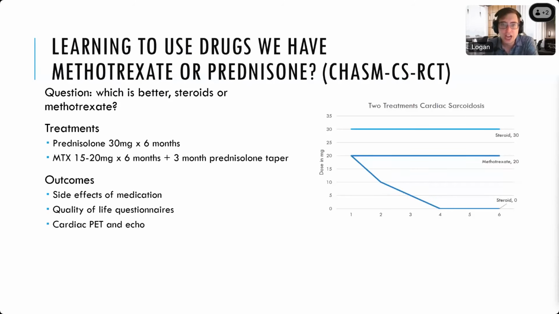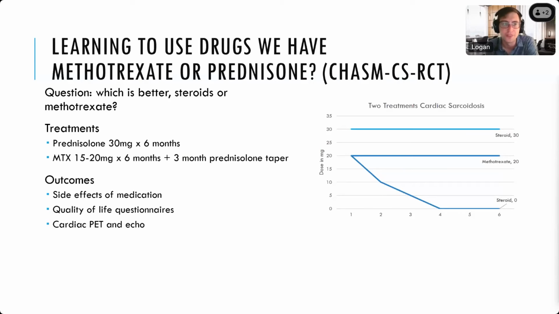So first, I want to talk about an ongoing trial looking at methotrexate or prednisone. This is really a very basic question to be asking: which is better in sarcoidosis, upfront steroids or upfront methotrexate?